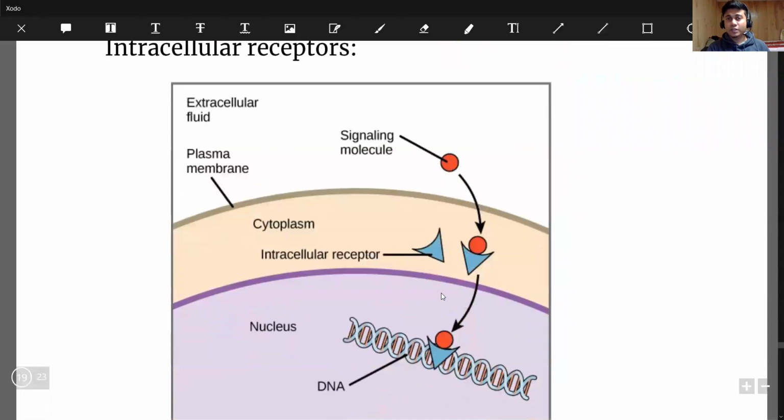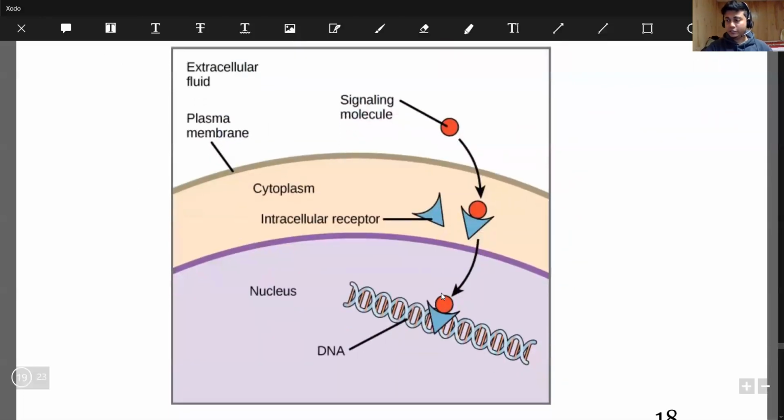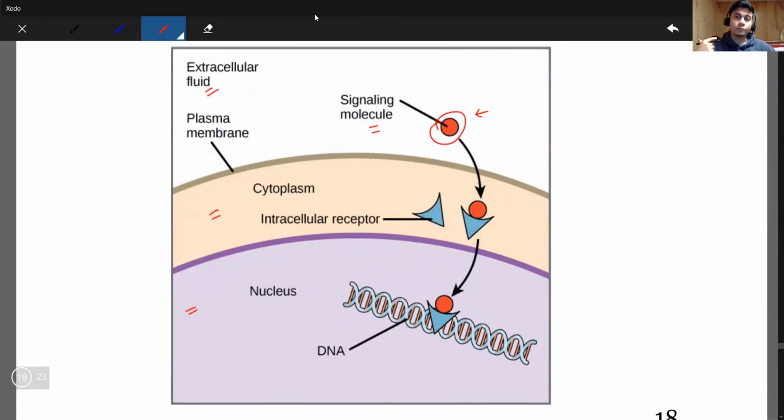Next thing is the intracellular receptor. Intracellular receptors are for the ligands which can pass through the cell membrane. As you see, here's the extracellular fluid, here's the cytoplasm. These signaling molecules, which are small and lipophilic, can pass through this cell membrane.